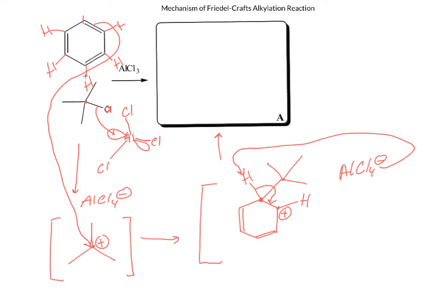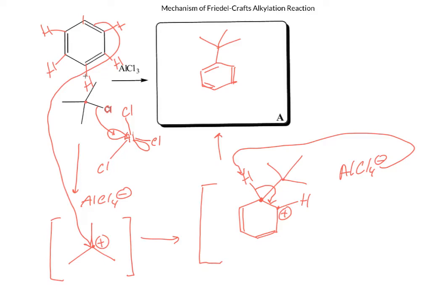So we'll form a pi bond between the sp3 carbon, which will change back to sp2, and the sp2 carbon, which is the carbocation. The product, therefore, is T-butyl benzene with the 3 double bonds in place.